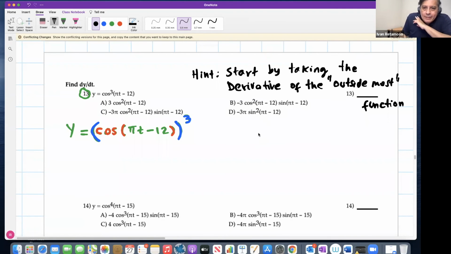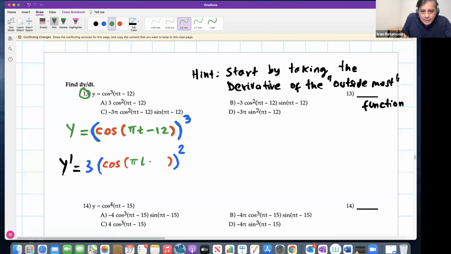So remember, when you have the composition of 3 functions, start with the outside most. The outside most is this cubic function, so the chain will start there. The derivative of the outside most function would be 3 coming down, and then the exponent 1 less, 2. Then you keep this inside function for the moment, cosine of pi times t minus 12.